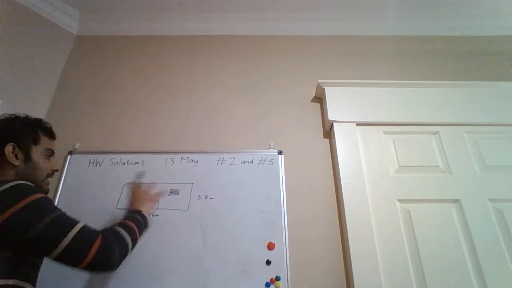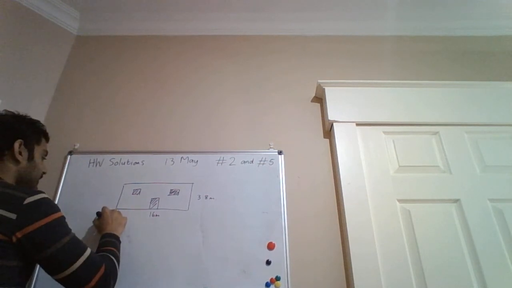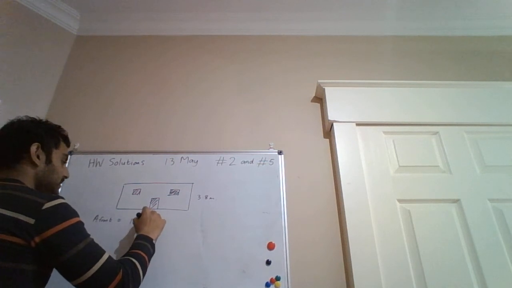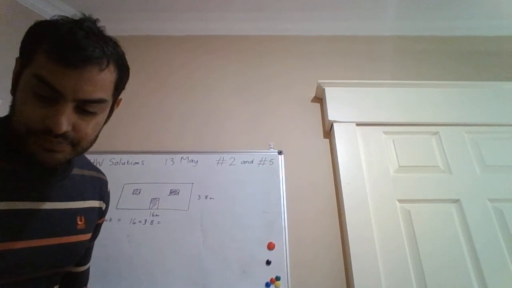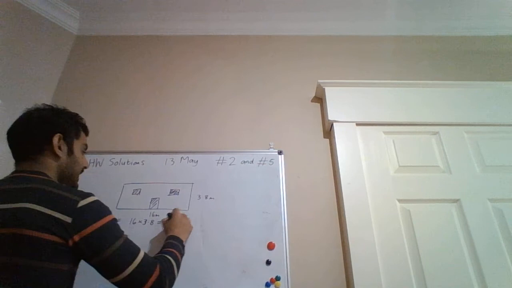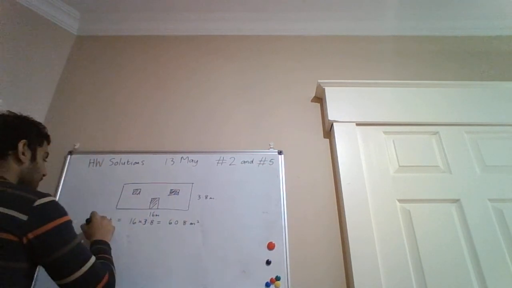So we can find the areas of each of these things. The area of the front equals 16 times 3.8, which gives us 60.8, and our unit is meters squared.